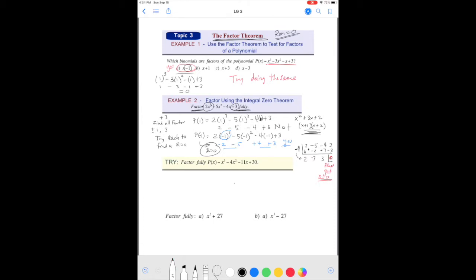So now, I'm running out of some space here. So let's put this together with our remainder. So the answer is going to be x plus 1, because remember it's the opposite because it's the divisor, and it's 2x squared minus 7x plus 3.